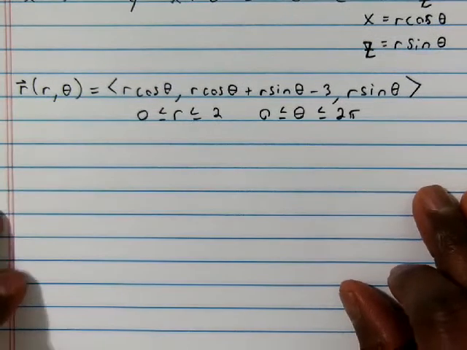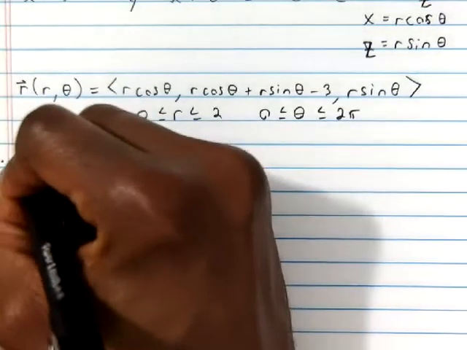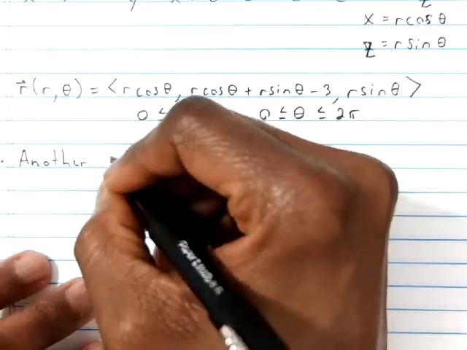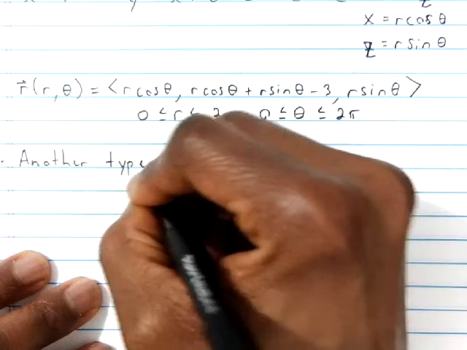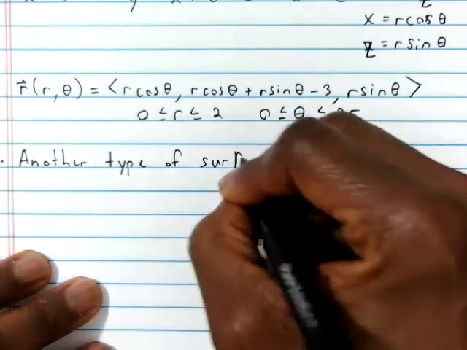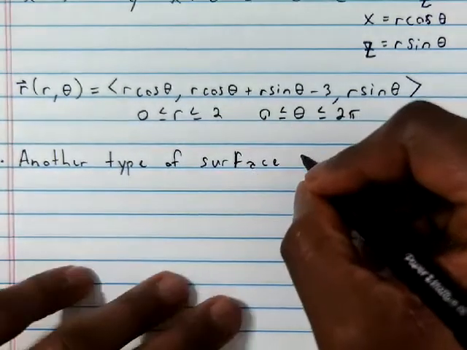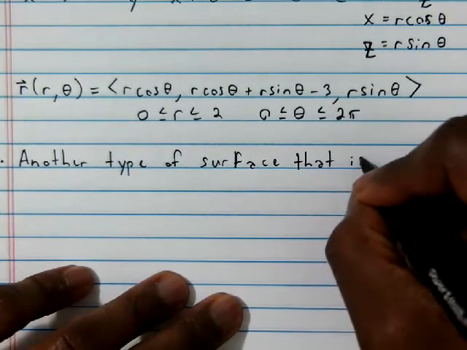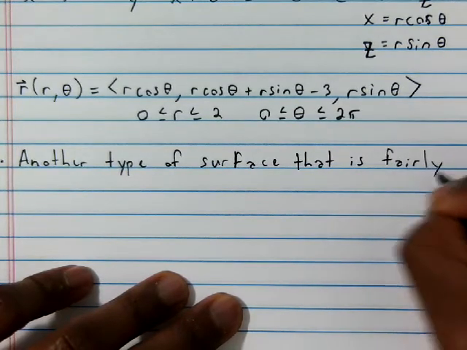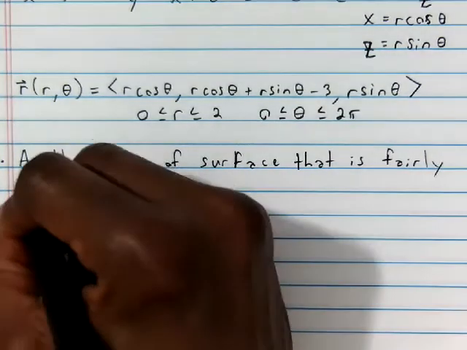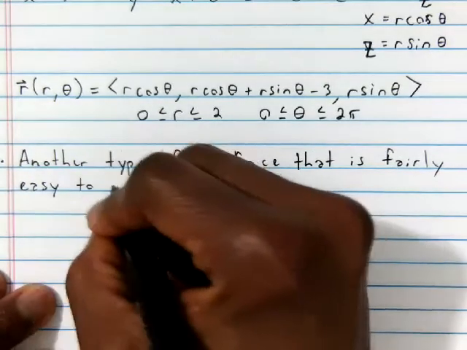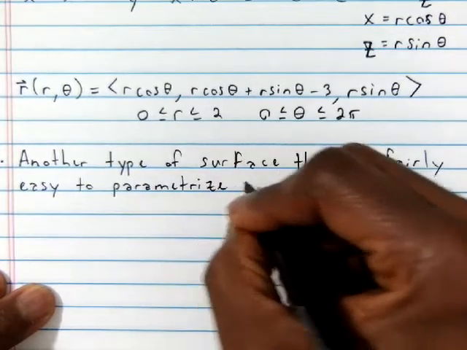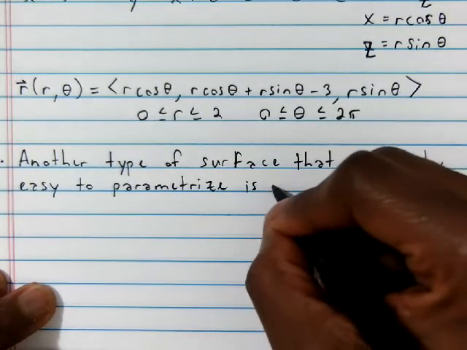Another type of surface that is fairly easy to parametrize is a surface of revolution.